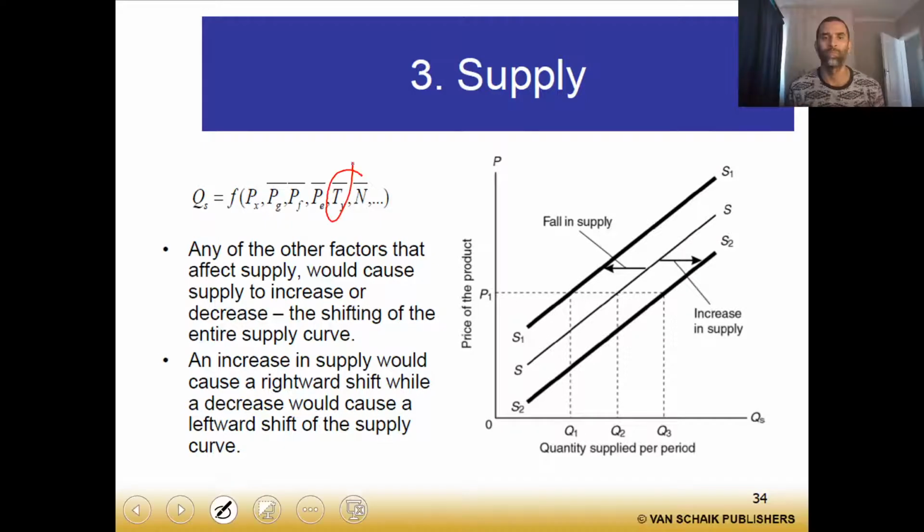So let's say that there's a change in one of the factors other than price that influences supply. In this case, I've circled technological change, or the state of technology. Now let's say that there's a positive development with regards to technology.